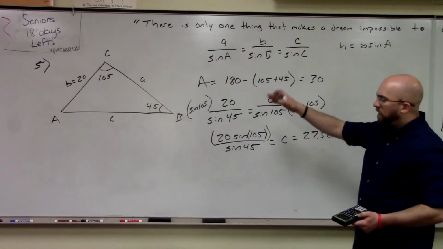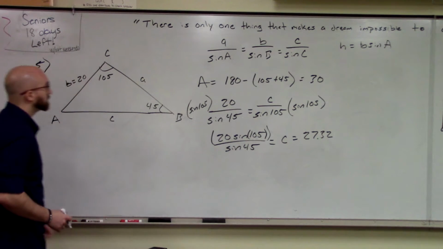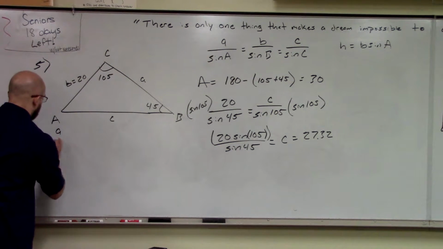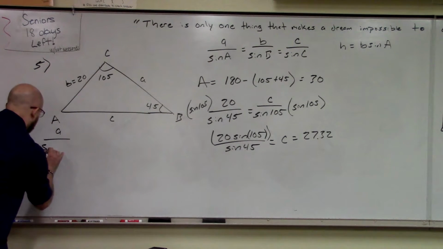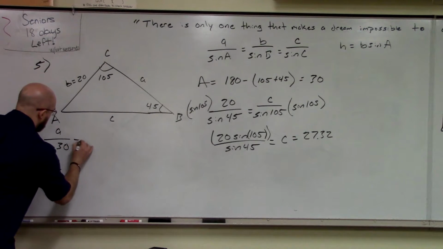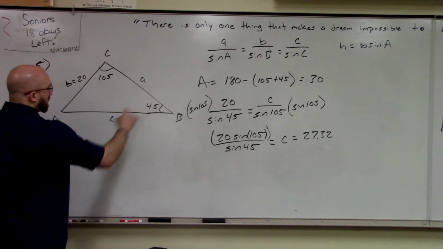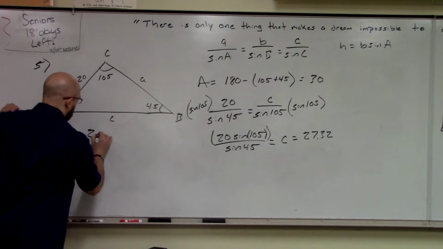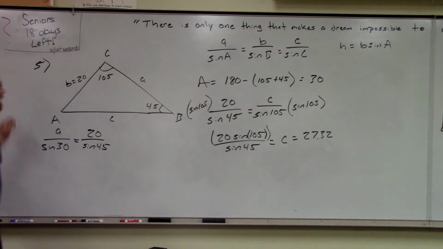What do we need to find now? Little a. So I'm going to come over here, leave that over there. It's the same process. So little a. Use the angle 30, sine of 30. Now of course, you could use your answer you got for little c and do sine of 105. I don't like doing that. I like using the information that it already gave us. So I'm going to do the same thing as 20 over sine of 45. Cross multiply again if you want to.